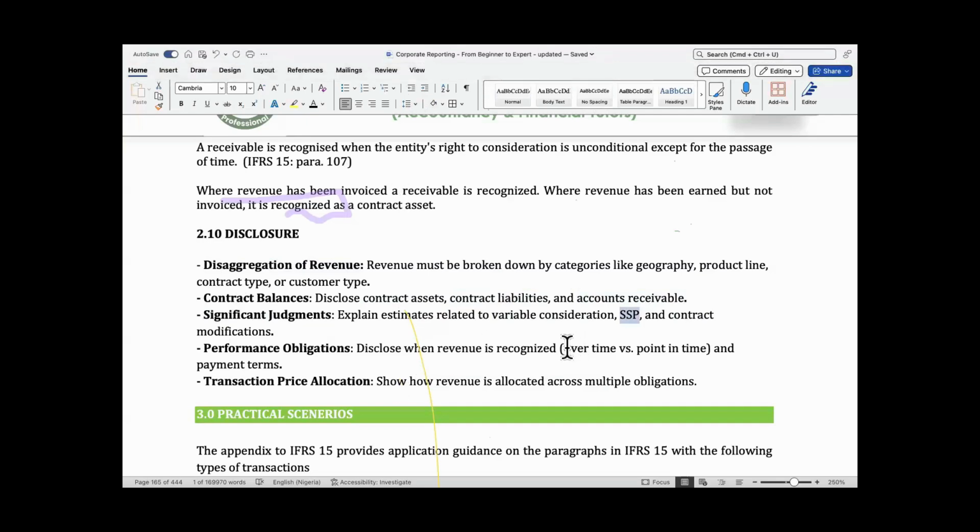Also, you need to tell us whether the revenue is recognized over time or at a point in time. And when you render a bundled service and you have allocated the transaction prices, you need to show how revenue is allocated among those services. How did you allocate revenue?